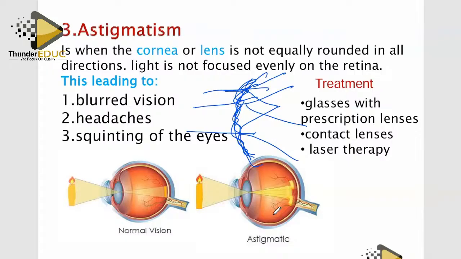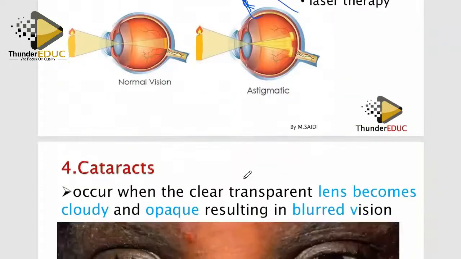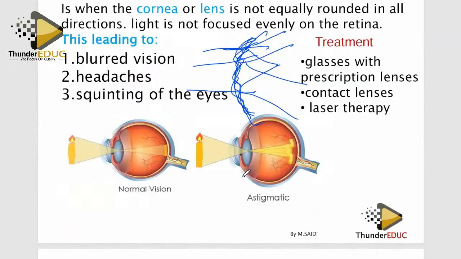So we go to the next point, which is the cataracts. So how do we treat astigmatism? We have to put on glasses, which we call spherical lenses. They have equal distribution.